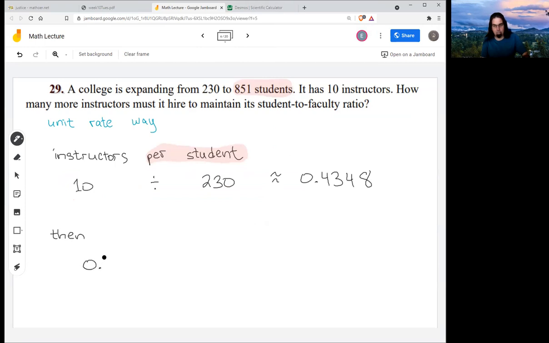Then I can take that unit rate and multiply it by the new number of students.